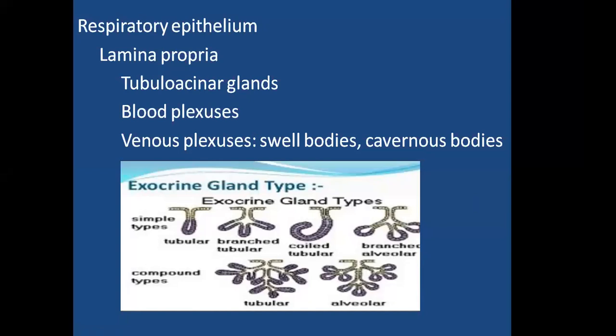They consist of the blood plexuses, especially the venous plexuses present over the concha, and more importantly over the inferior concha. These venous plexuses are called swell bodies and cavernous bodies.